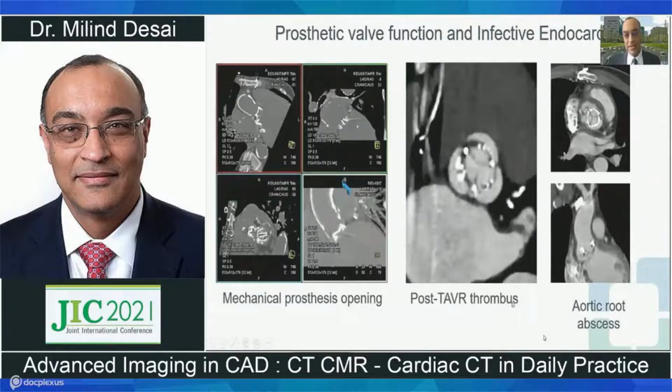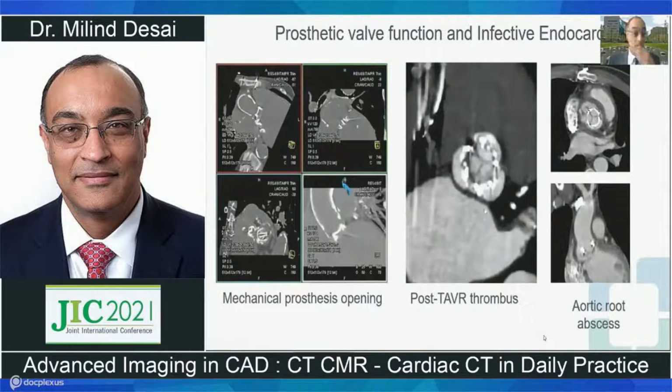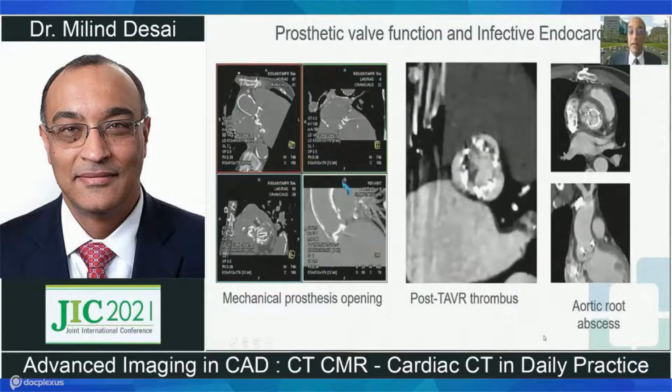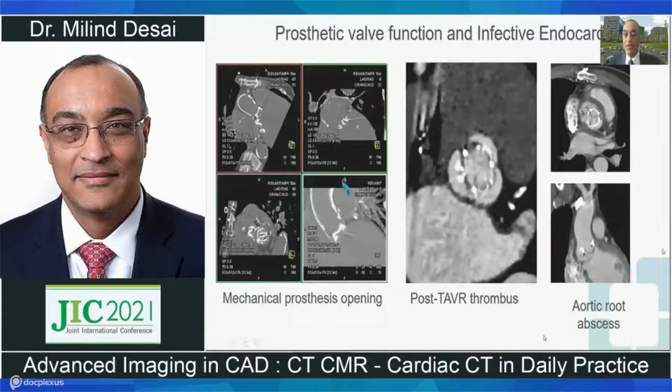And CT is excellent at identification of these thrombi, as the image shown in the middle panel. Of course, with increasing incidence of endocarditis of prosthetic valves, CT plays a huge role in identification of aortic root abscesses as well as for pre-procedural planning.